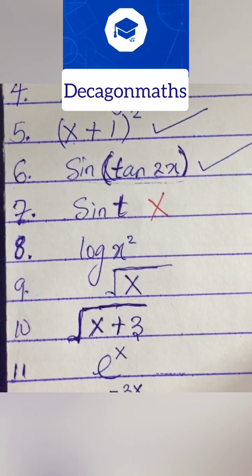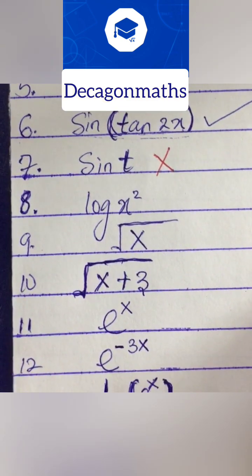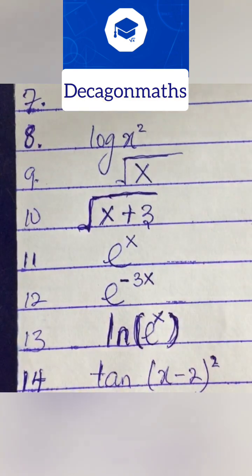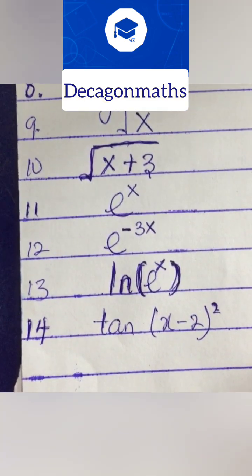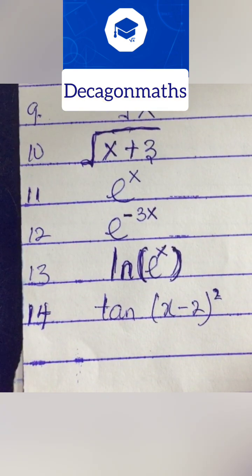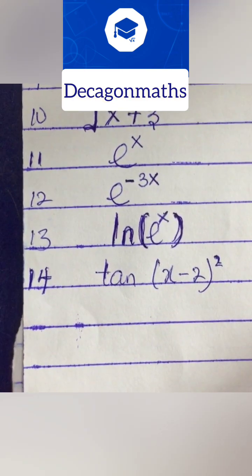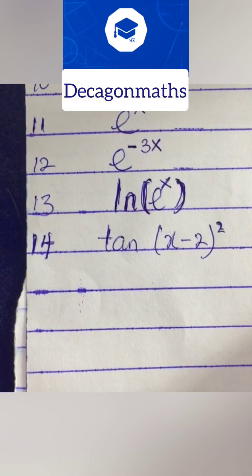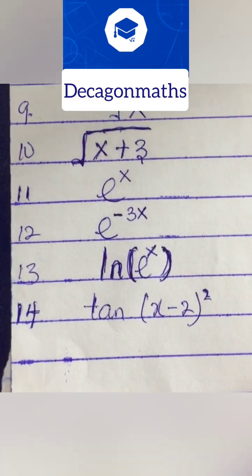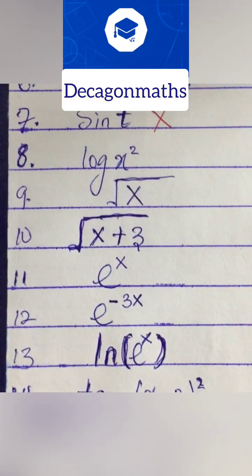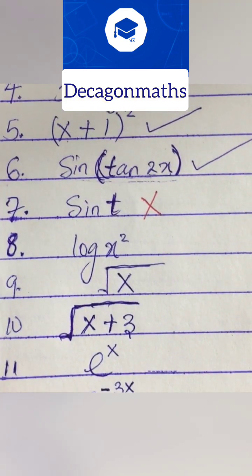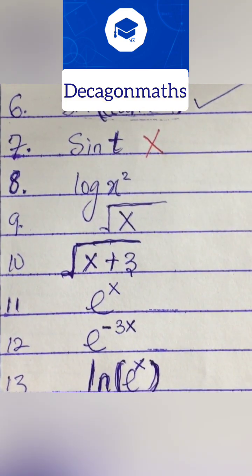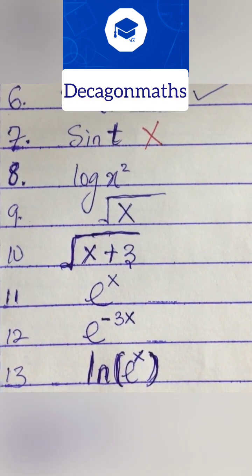As you can see, we have log x squared, we have square root of x, we have the square root of x plus 3, we have e to the power of x, and we have e to the power of minus 3x, we have the natural log of e to the power of x, and we have tan of x minus 2 all raised to power 2. So you can take your time to determine if these functions are functions of a function or not, right? So please kindly do that, and you can also send your answers in the comment section.